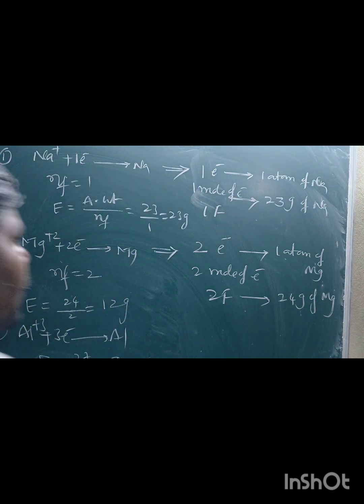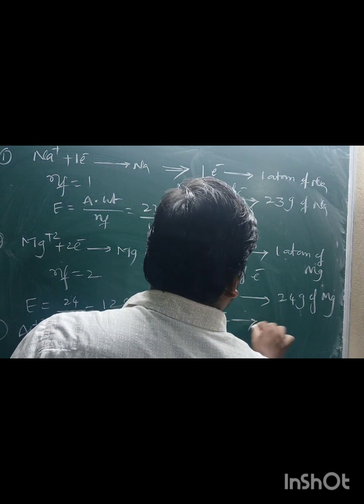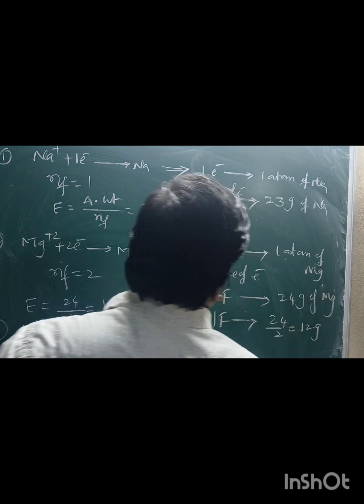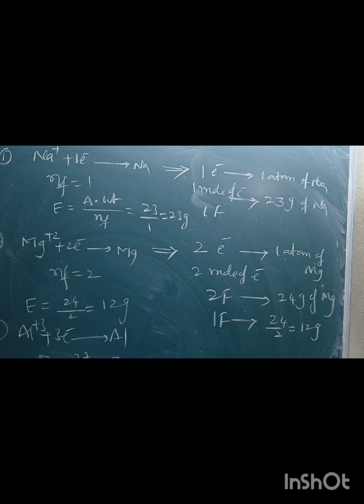Now I want 1 Faraday: 24 by 2 is equal to 12 grams of magnesium.